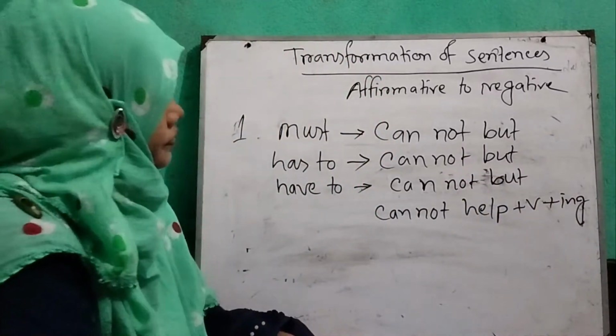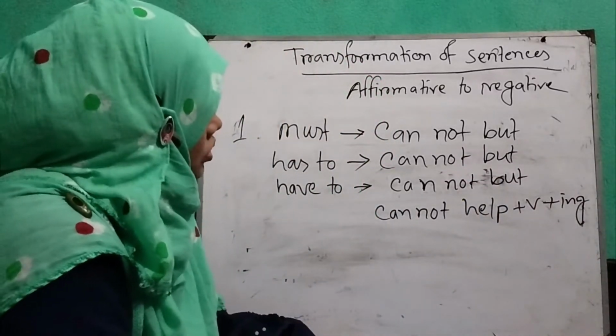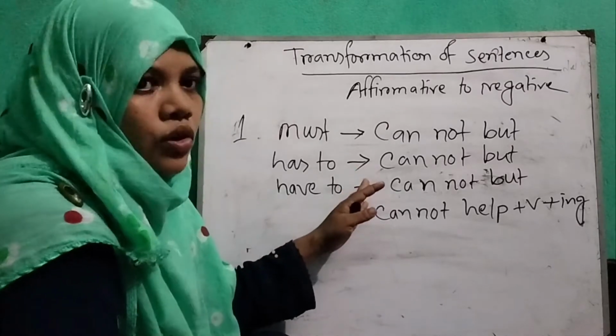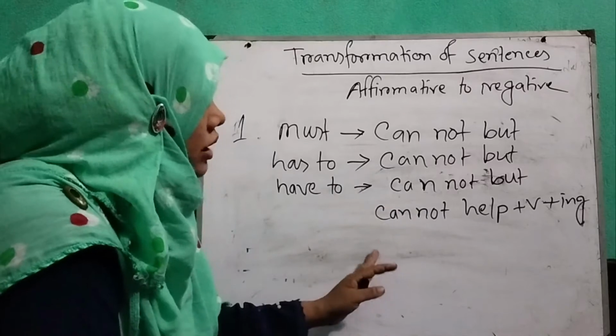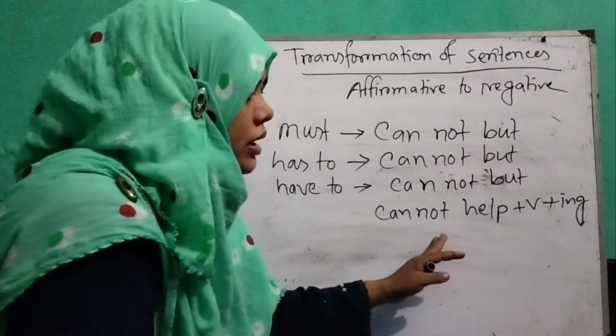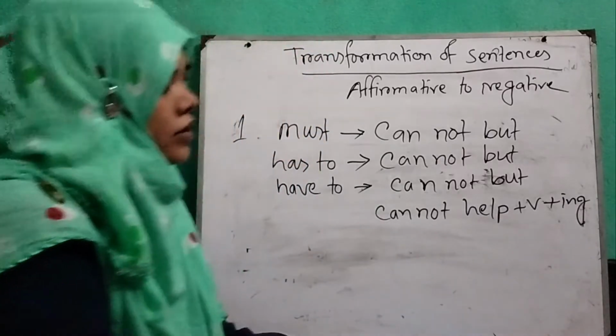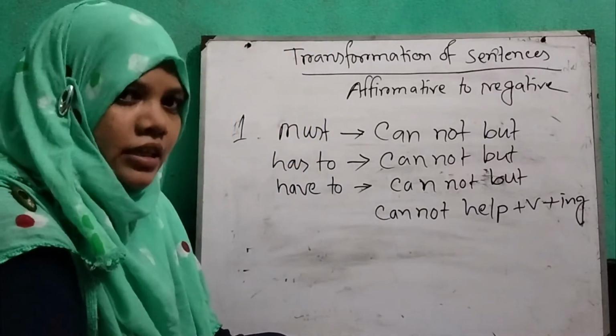So instead of cannot but, you can write cannot help, but in case of cannot help, you have to add ing with verb. So let's practice sentences.